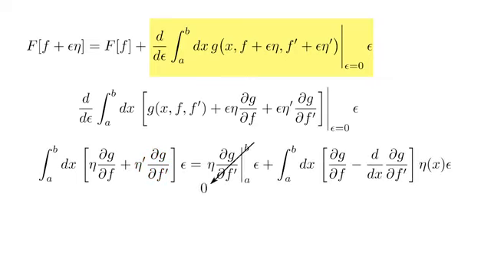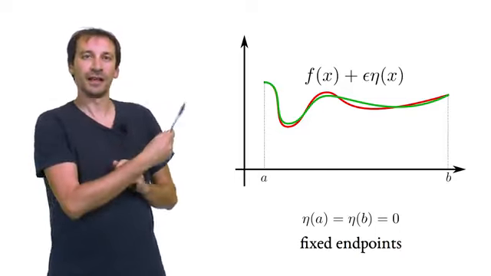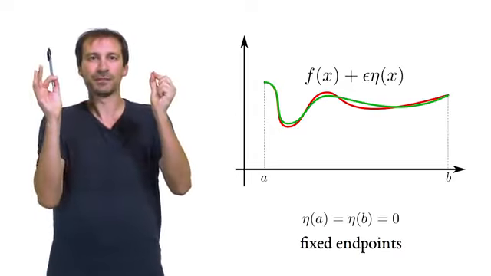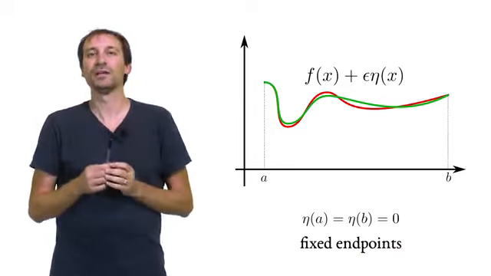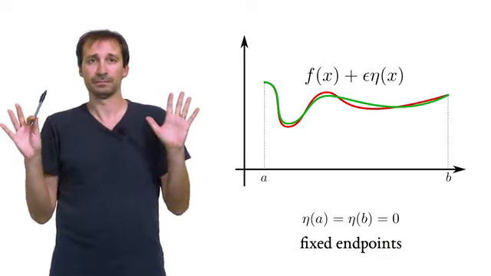That we can put the integrated term to 0, because we can always choose a testing function that is 0 in a and b, without loss of generality. Essentially, what we are doing is to consider a varied function everywhere except in the endpoints. And that's why this approach is sometimes called fixed endpoints approach, and is completely general.